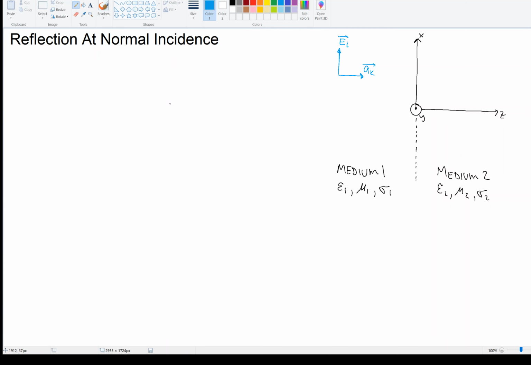So remember, the electric field is perpendicular to the direction of propagation. So we're just going to say that it's up, positive x-axis. And from the right-hand rule, then that means necessarily that the magnetic component of this wave is coming out at us in the y direction. So this is our incident wave.